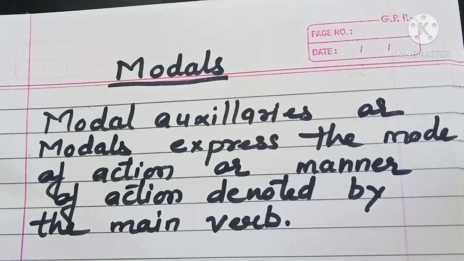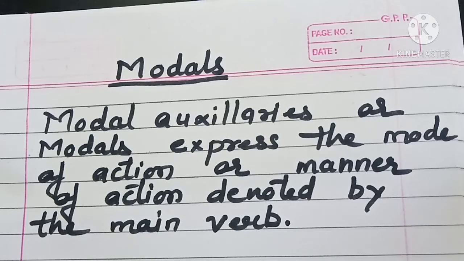Now the most important thing to know here is that every sentence expresses an action through a verb, and there is a main verb in a sentence, and helping verbs or modals are the auxiliaries which are used before the main verb to tell us what manner of action there is or what is the mode of the action.